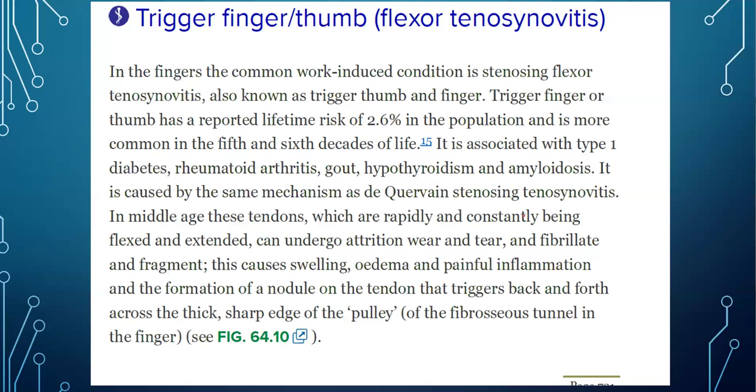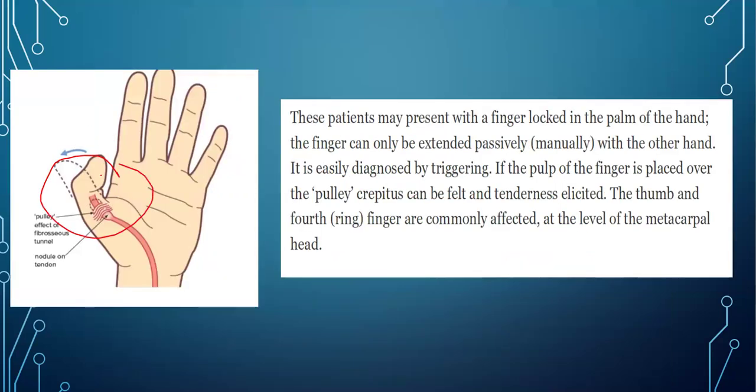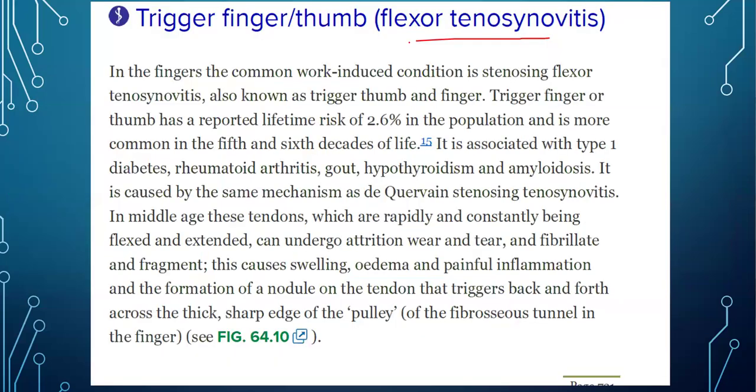So that's carpal tunnel. Moving on to trigger finger or trigger thumb, also known as flexor tenosynovitis. So what is trigger finger? It looks something like this. Trigger finger is kind of a work-induced condition.